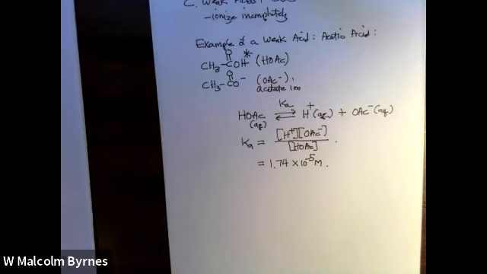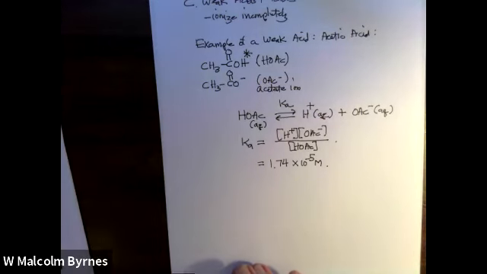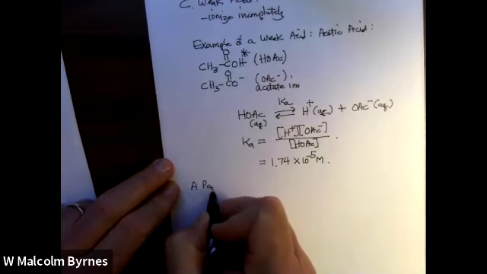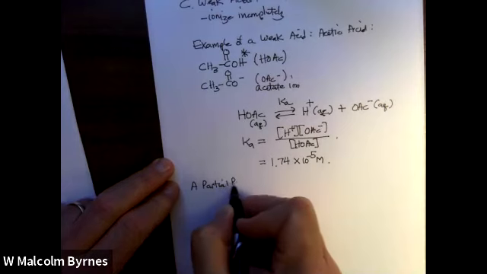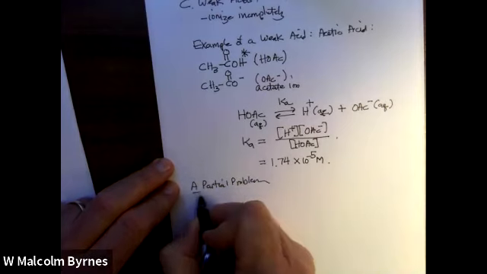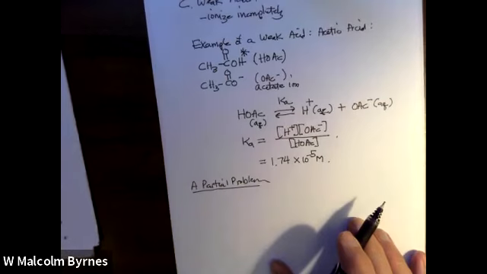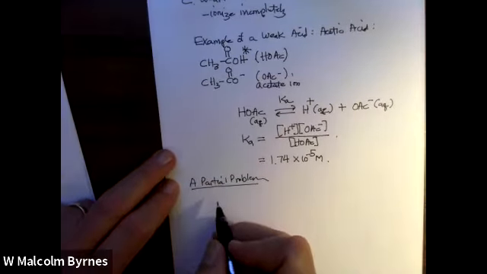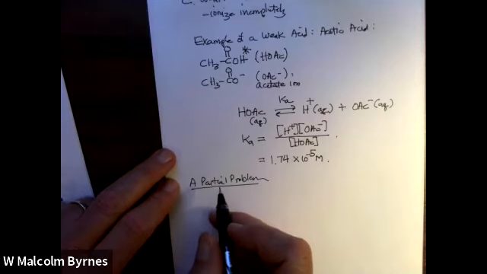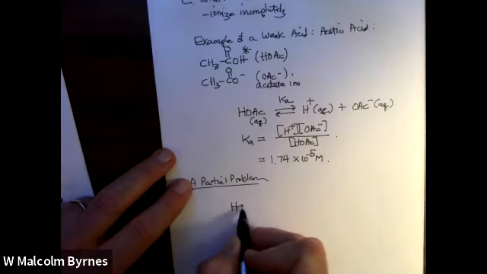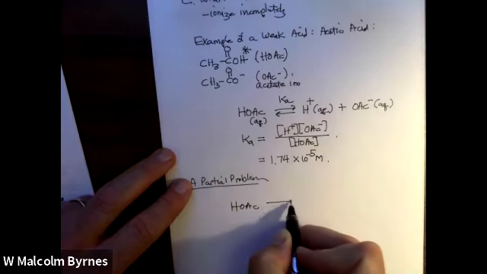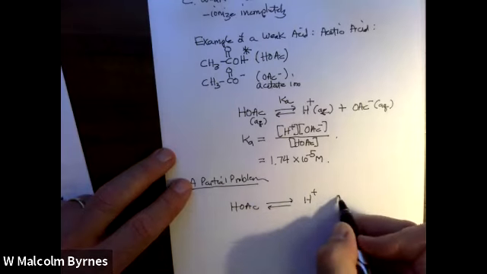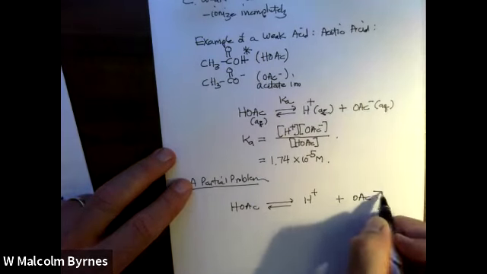And so we're going to work a partial problem here, to see how you would set up a problem, how you would calculate the pH of a weak acid solution. So let's consider acetic acid ionizing in solution to form H plus ions and acetate ions.